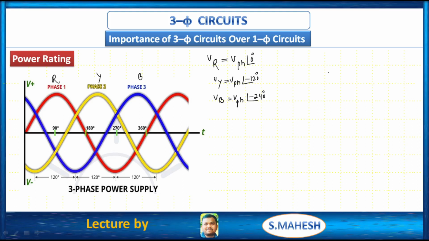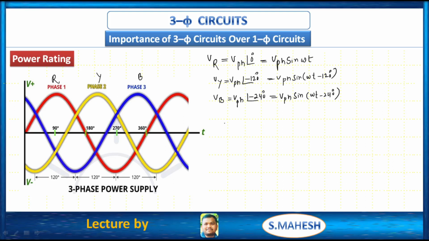Clear? To get a clear idea, we can write V phase sine omega t, V phase sine omega t minus 120 degrees, V phase sine omega t minus 240 degrees.